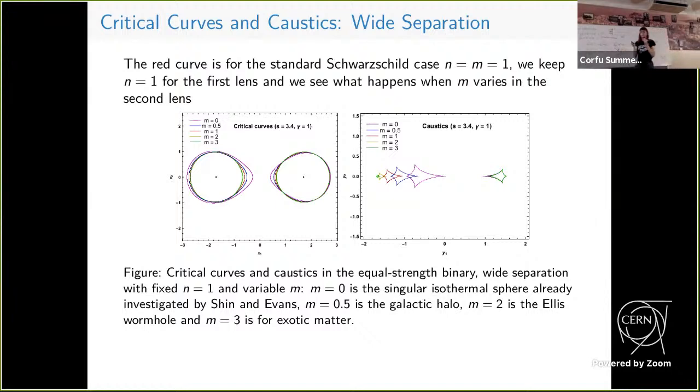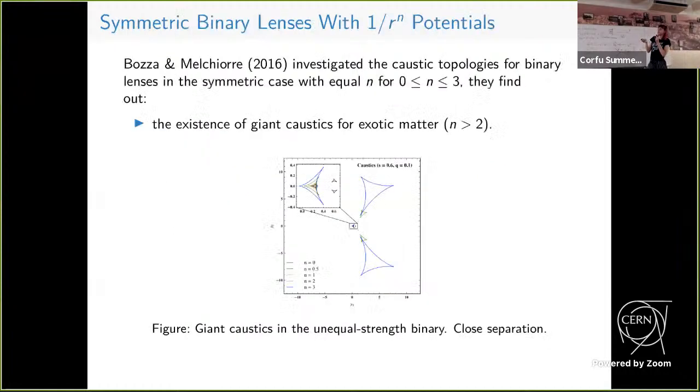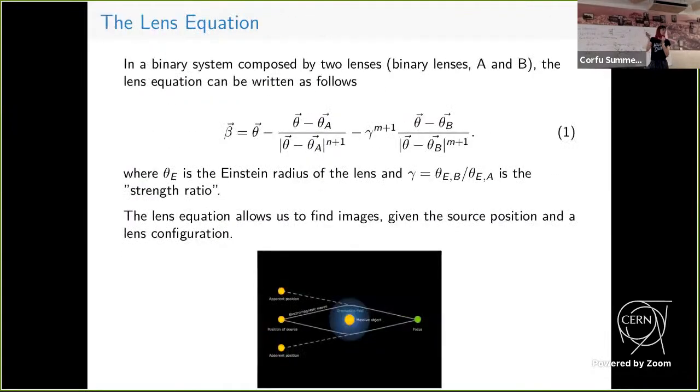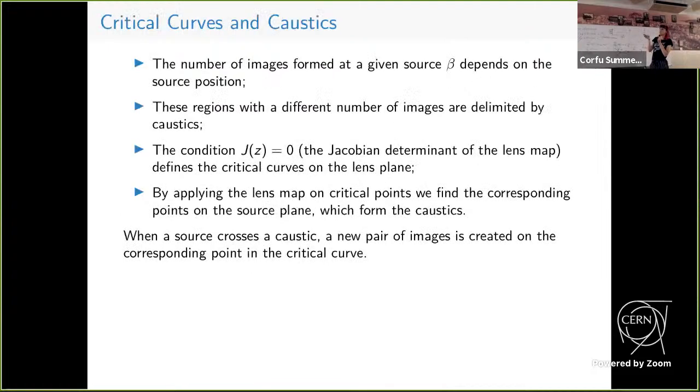It's quite complicated. As I told you before, we start from the lens equation that describes the lens configuration of the system, so the two lenses in this case. On this lens equation, we have to compute the Jacobian determinant of the lens map. The condition J equal to 0 defines these critical curves. These critical curves are on the lens plane.